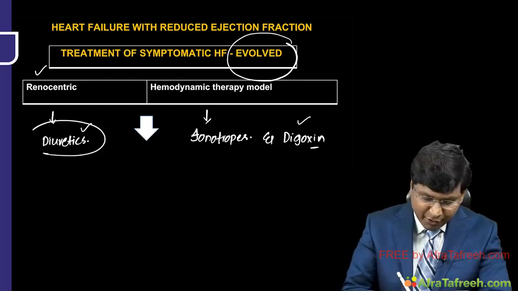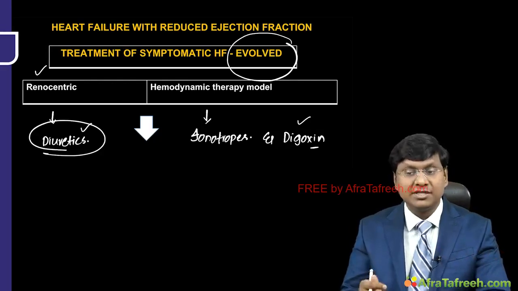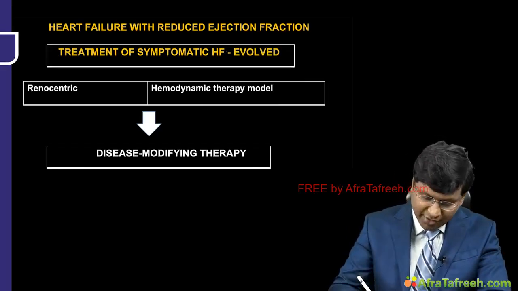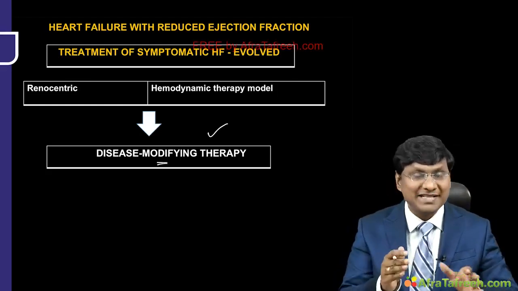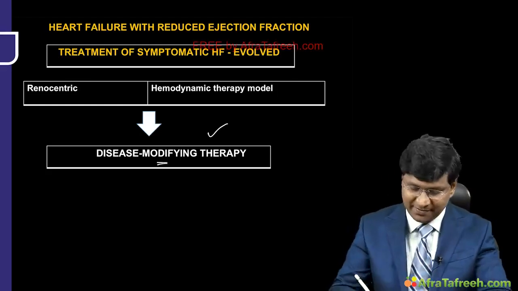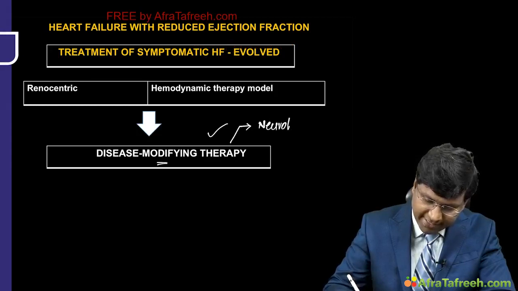So from this point of renocentric and hemodynamic therapy model, the progression of the treatment has gone into a state of disease modifying therapy. Now what will be the drugs in the disease modifying therapy? The drugs in the disease modifying therapy will be neurohormonal antagonists.